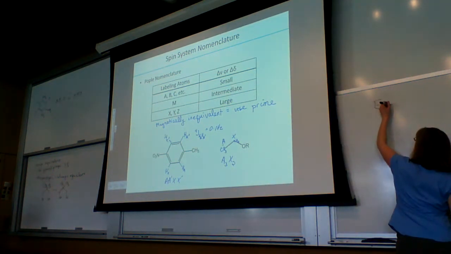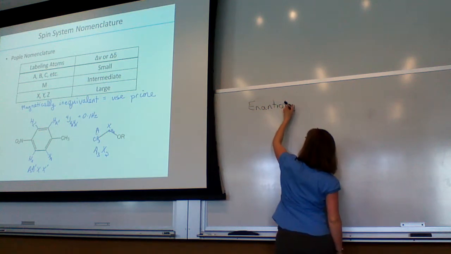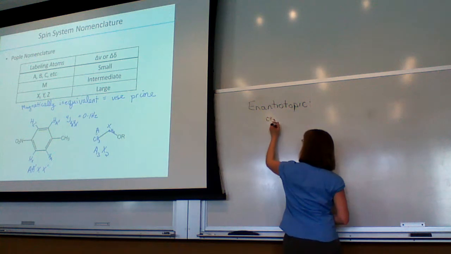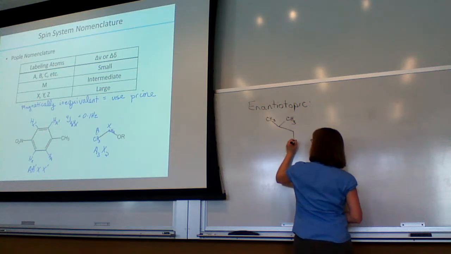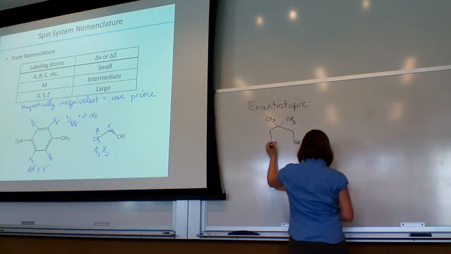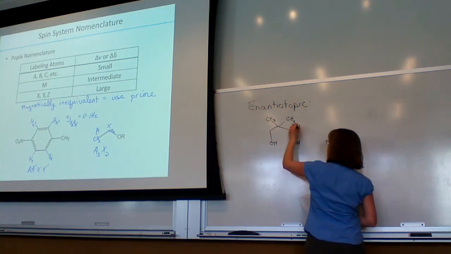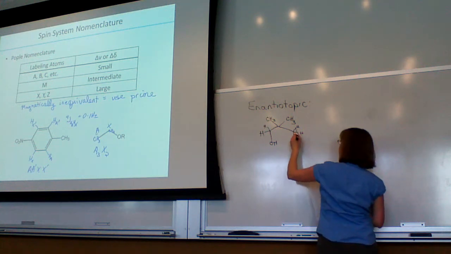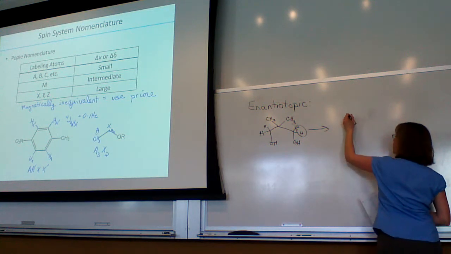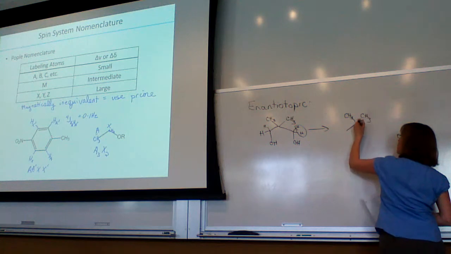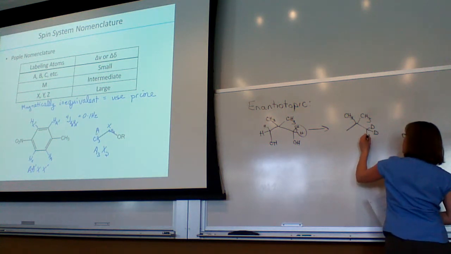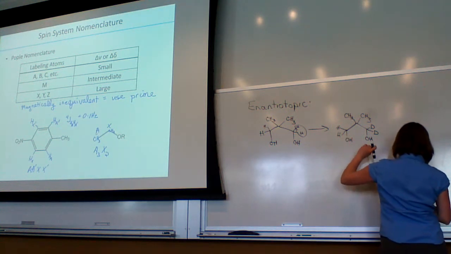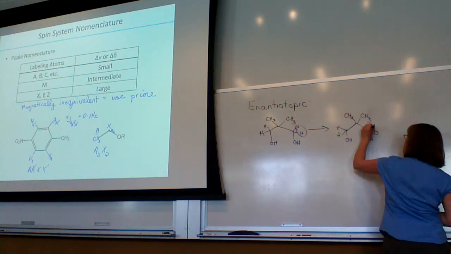So enantiotopic: when you have that same molecule, but instead we substitute the hydrogens on the CH2 groups, if we were to substitute one of these with deuteriums, actually I'm just going to change one of them.